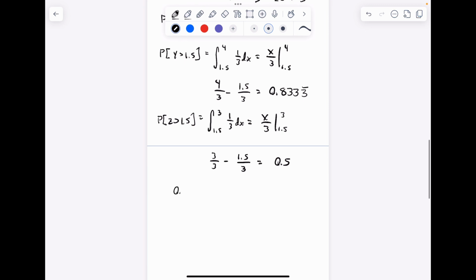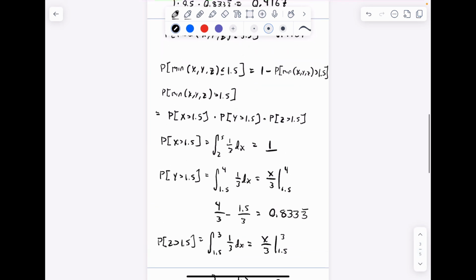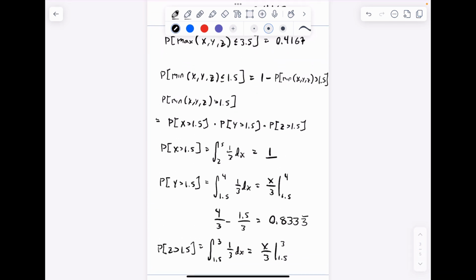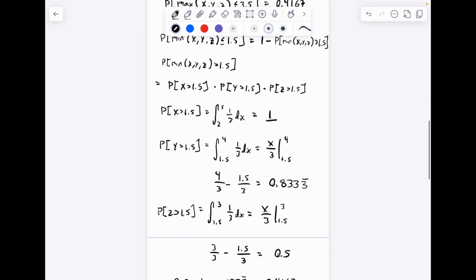And we have the exact same product. Half times 1 times 0.8333 repeating gives us 0.4167. But remember, what we want is the minimum of these variables being less than 1.5.